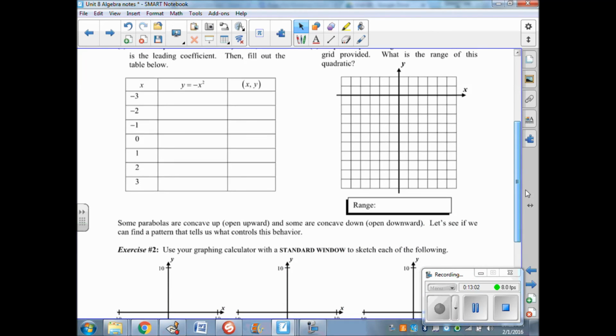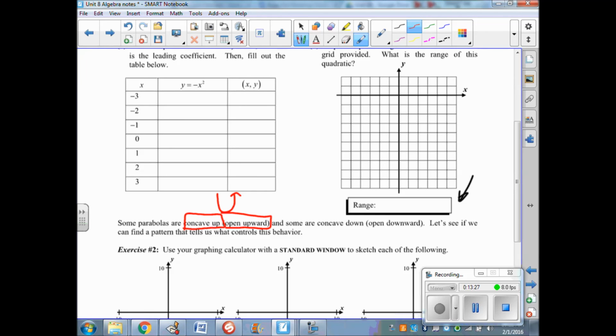So then I want you to answer, what's the range of this graph? The range is the high point to the low point. Now there's a piece here that is really interesting to me. It says some parabolas are concave up or open upward.